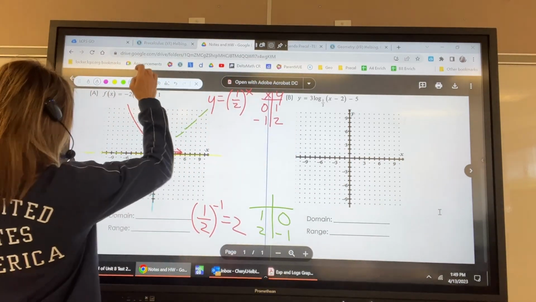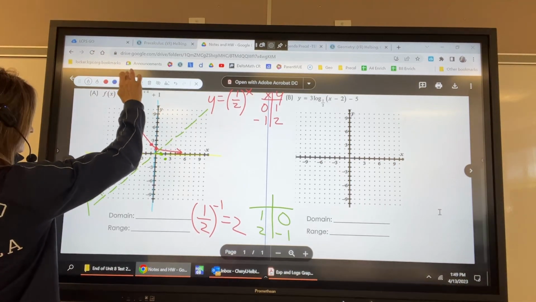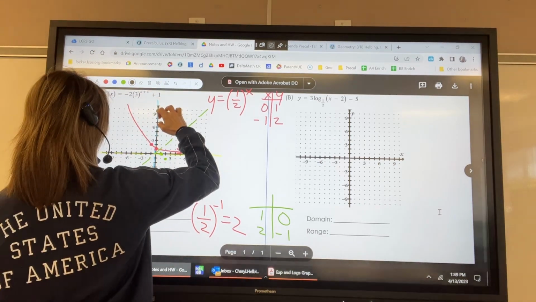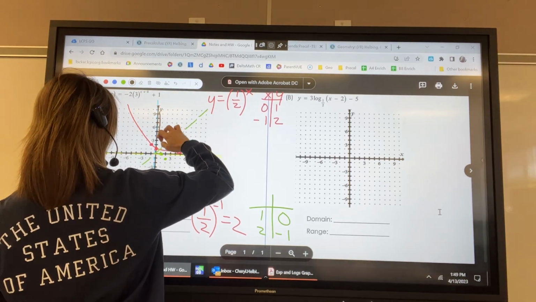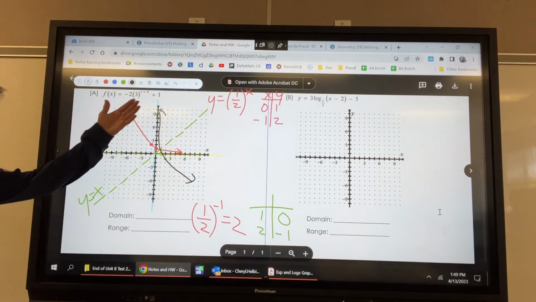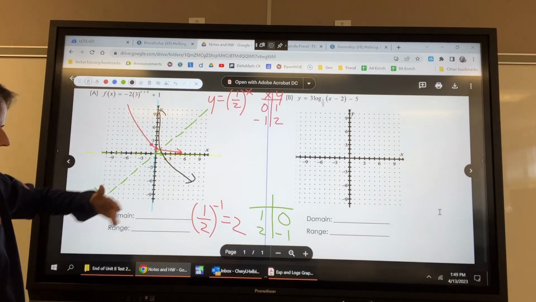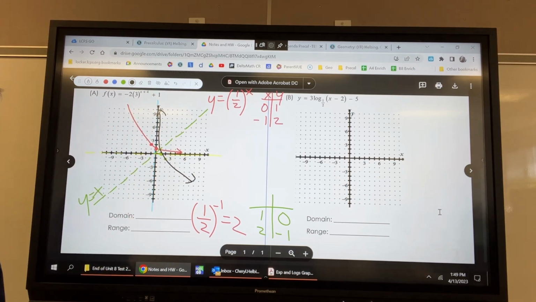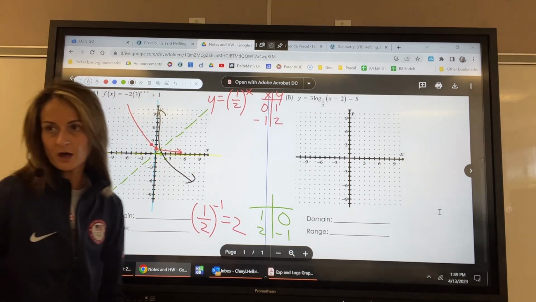So now the new graph looks like this, and I'll do it in maybe black. You see it's a reflection. These are inverses of each other, okay? So that's what we're doing when we graph logs.